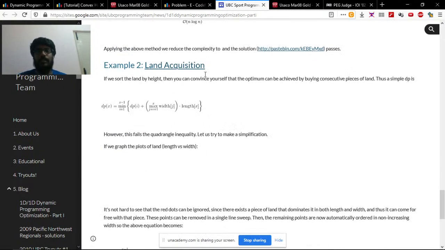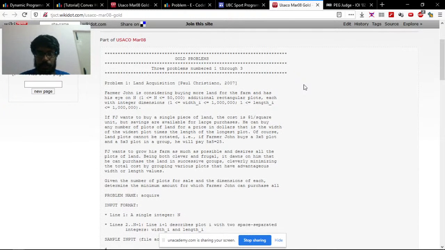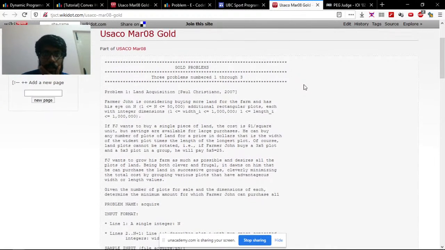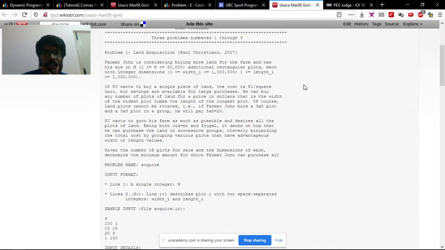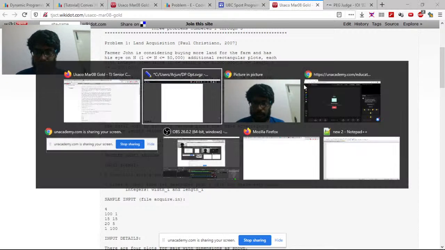Let's actually start with the second example, which is a USACO problem called acquire. This is a pretty nice problem. I hope my screen is visible and the font is not too small.